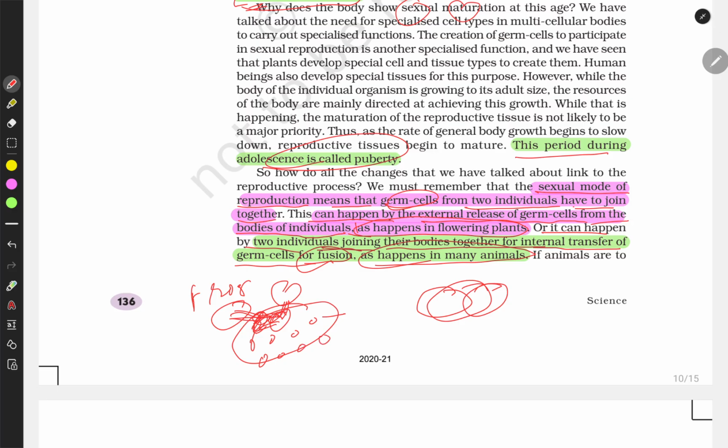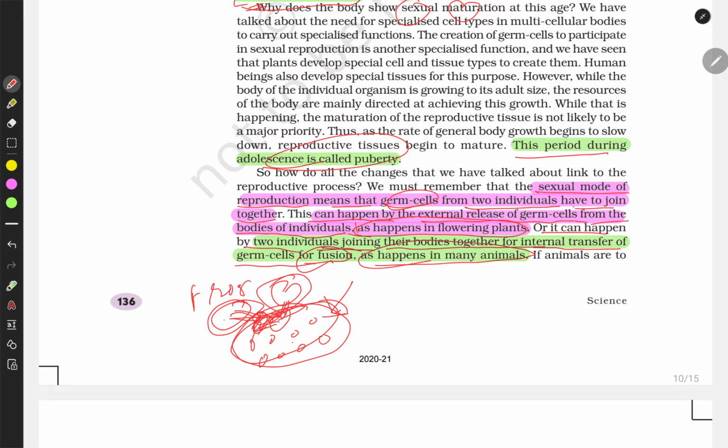This is called external fertilization, where fertilization happens in the external environment, not inside the organism but outside the organism. But in most organisms, in human beings, fertilization happens internally.